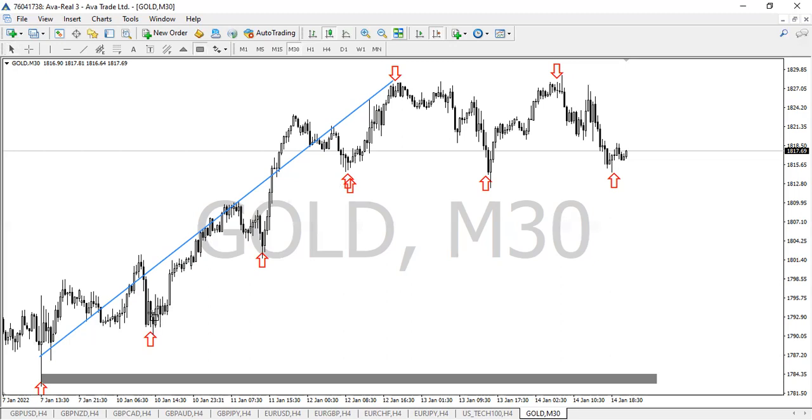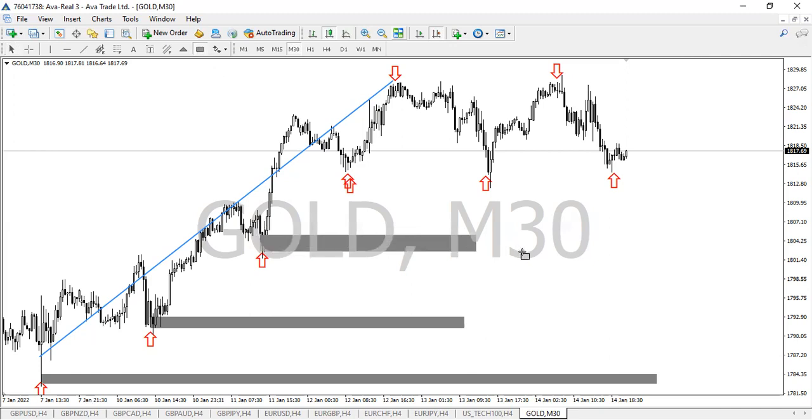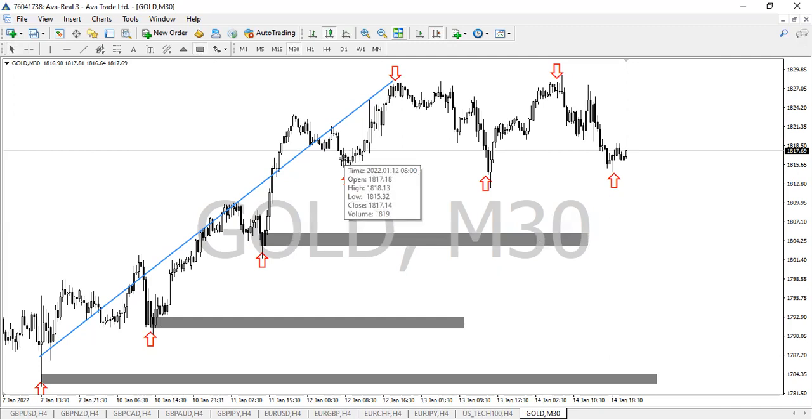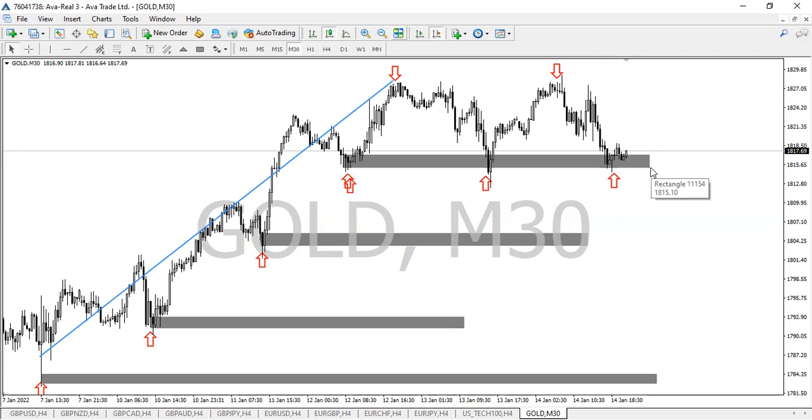This is another key level, and this is another key level, and this is another key level.